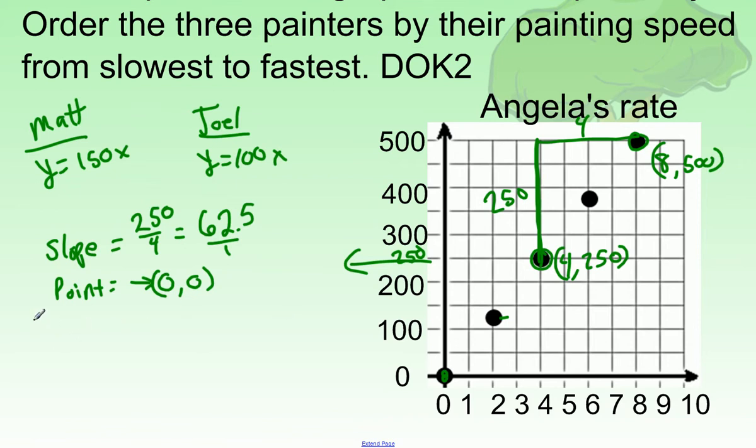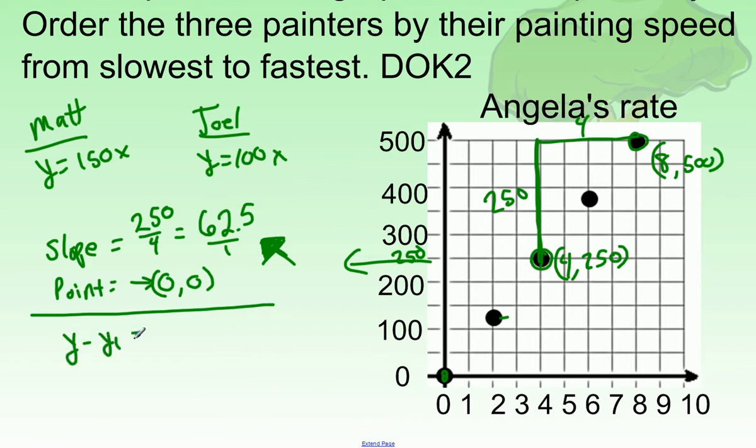So now we're going to write it into our equation. If you heard me right a second ago, the slope is the rate of change. The slope is the rate that Angela paints. That's going to be her number. Like Matt paints at 150 square feet an hour, Joel paints at 100 square feet an hour, Angela's going to paint at 62.5 square feet an hour. But let's do the math.